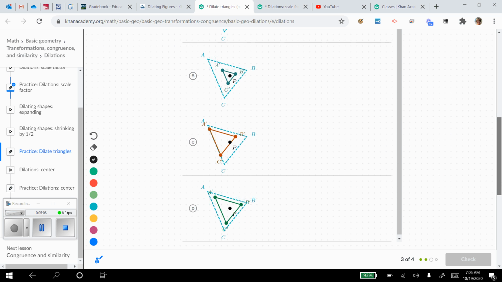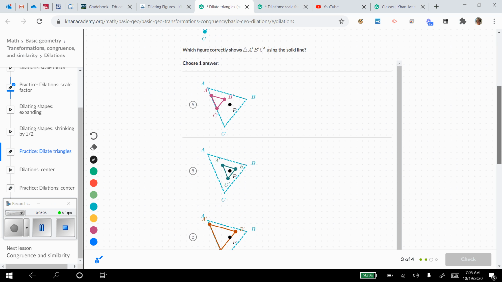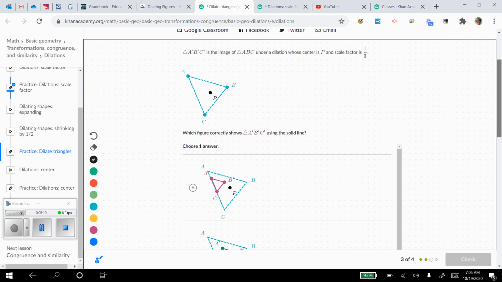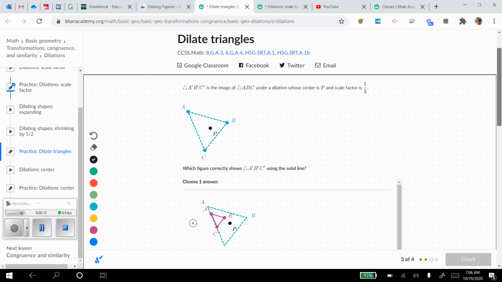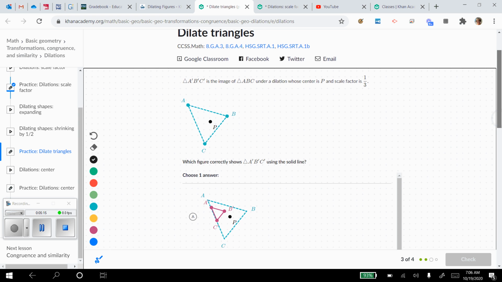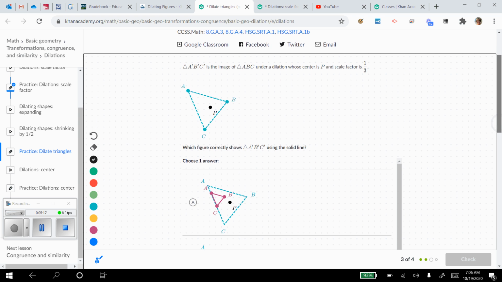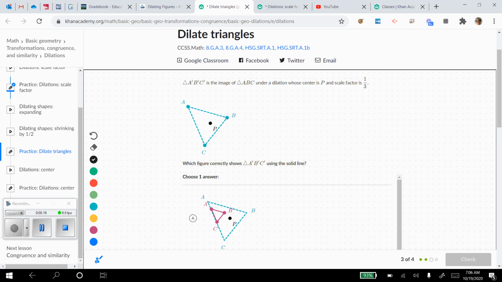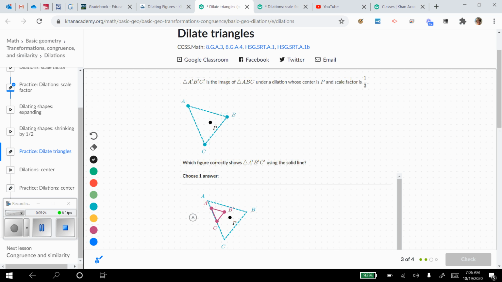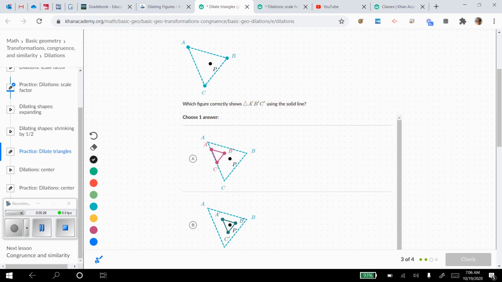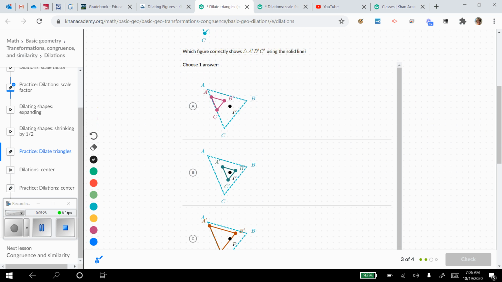So if they're not all the same, then that would be dumb and would immediately tell us to eliminate a particular problem. Okay, the next thing we're doing is doing a third, but it has to be a third from point P, which means since point P is in the center of triangle ABC, then triangle A prime, B prime, C prime is also going to have P in the middle of it.